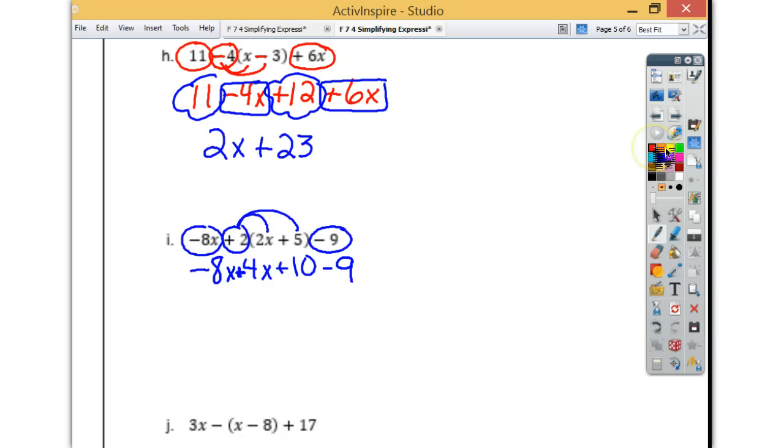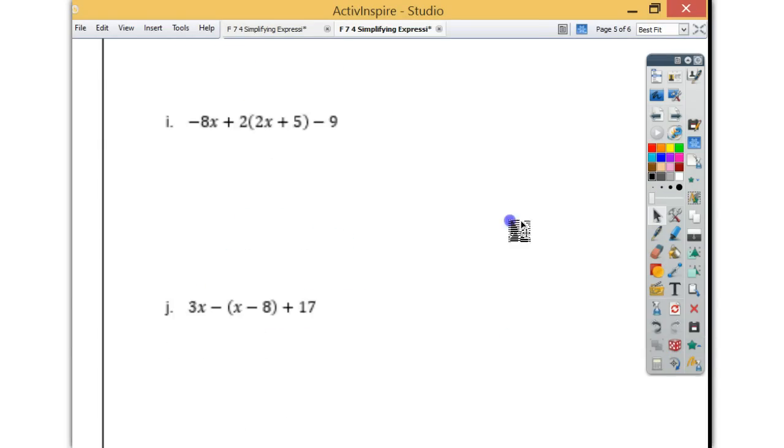Simplifying, looking at the variables first, a negative 8x, a positive 4x, it's a fight, the negative wins by 4, so a negative 4x, and then a positive 10 minus 9 is plus 1. Negative 4x plus 1.